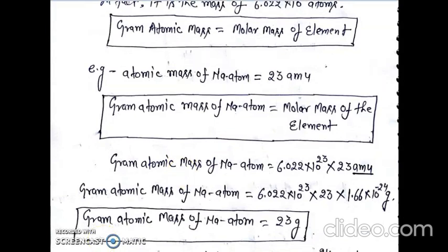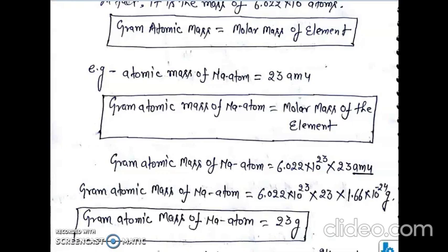For example, atomic mass of the sodium atom is equal to 23 AMU. We know that the gram atomic mass of sodium atom is equal to the molar mass of the element, that is the mass of total atoms present in 1 mole.